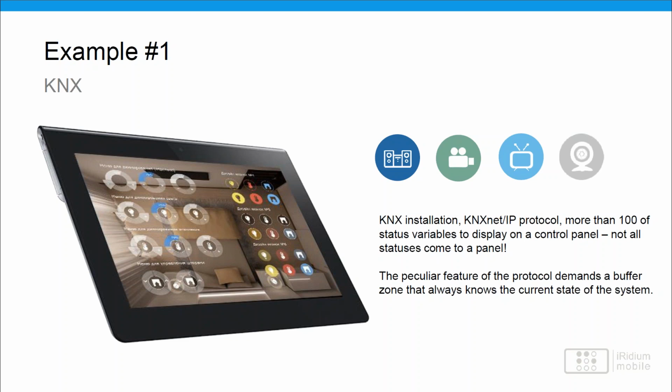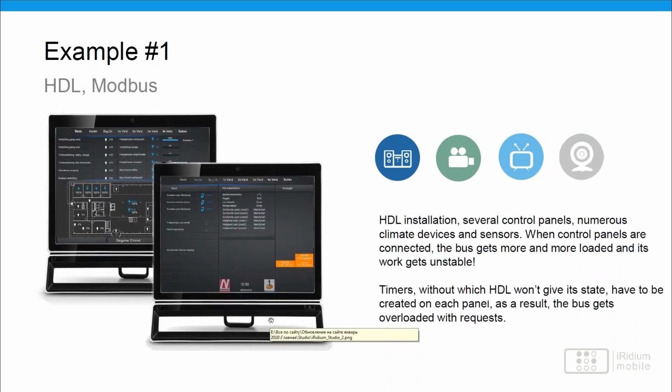So you always have a real status of the KNX bus without additional requests. But when you start the server, it could take a few minutes to make all the statuses actual. That's how it may work with KNX equipment.